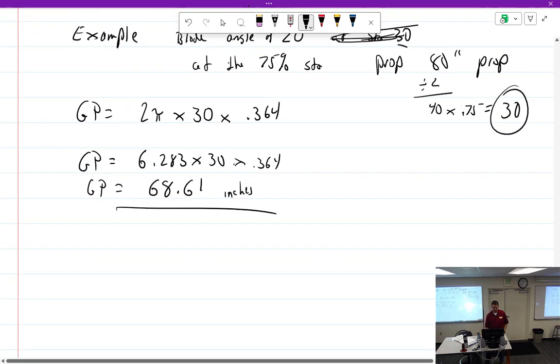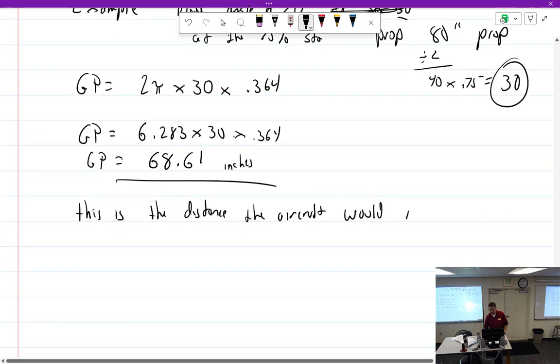This is the distance the aircraft would move forward in 1 revolution of the prop.